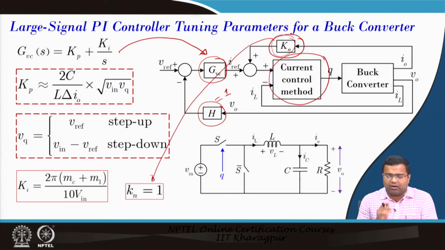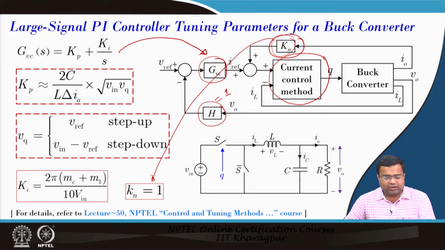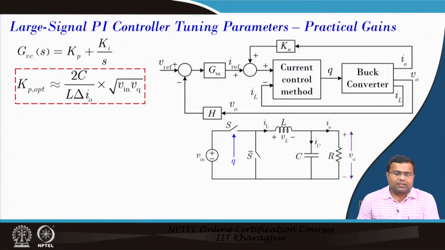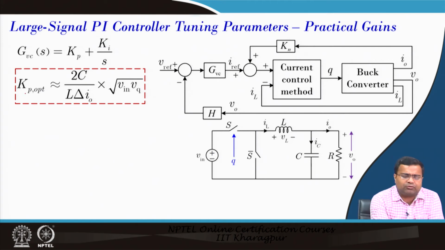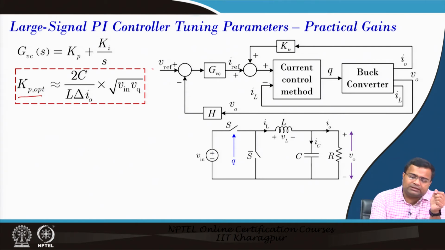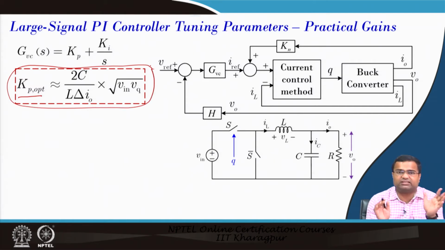Now, we want to see what happened. We discussed this in lecture number 15 in our earlier course. But now we want to discuss what happens if there is a limit in the controller gain. We have calculated this optimal gain by analytical calculation.